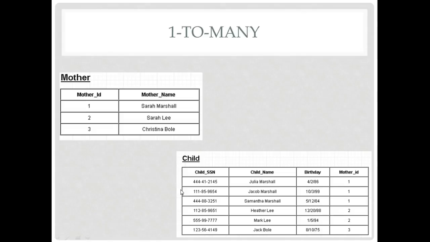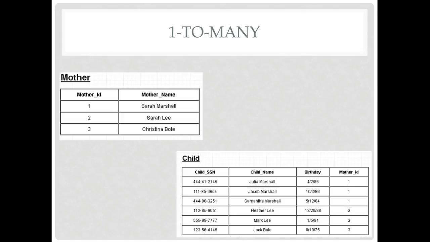So, as you can see here, if we look at the foreign key in this child table, we see that this key is related to the primary key of mother. And that's one thing to remember when it comes to one-to-many relationships. One table has to have a foreign key that points to the primary key of the parent table.